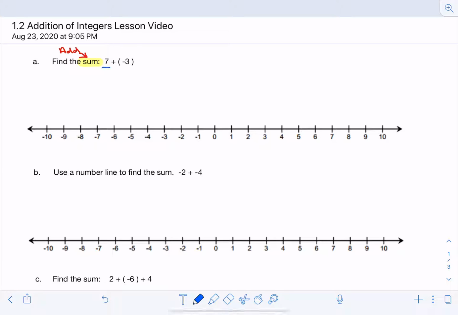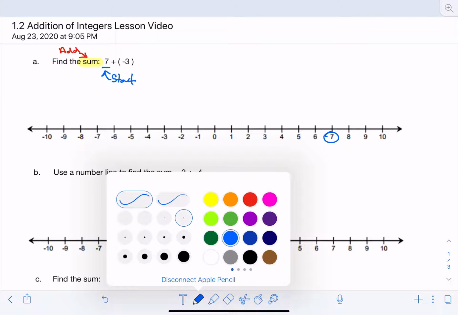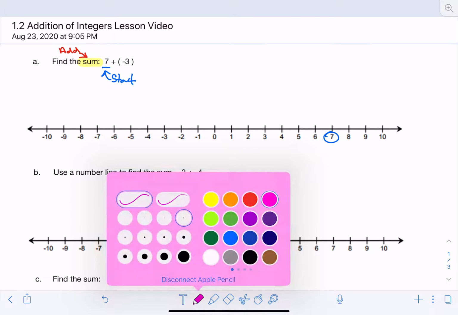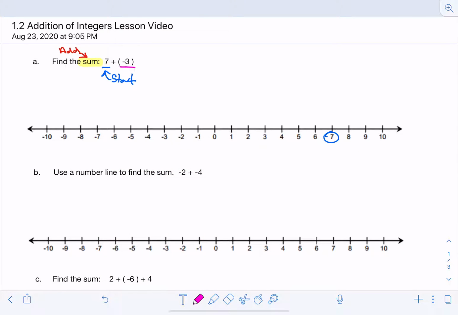You take the very first number, in this case a positive 7, and that's where you're going to start. Okay, so we want to find a positive 7 on the number line. Our second number is negative 3.